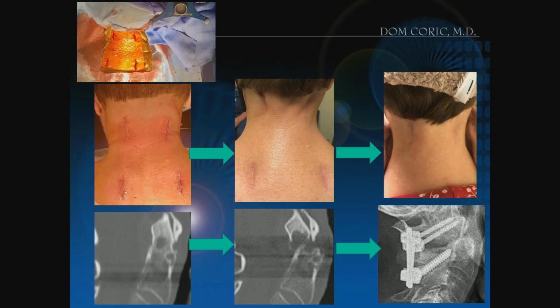This is a 74-year-old patient who came in with a type 2 odontoid fracture. She had a displaced fracture. She had cystic change before her fracture. This is something that was not going to do well with any kind of external fixation. Halo is a death sentence in this kind of patient population.